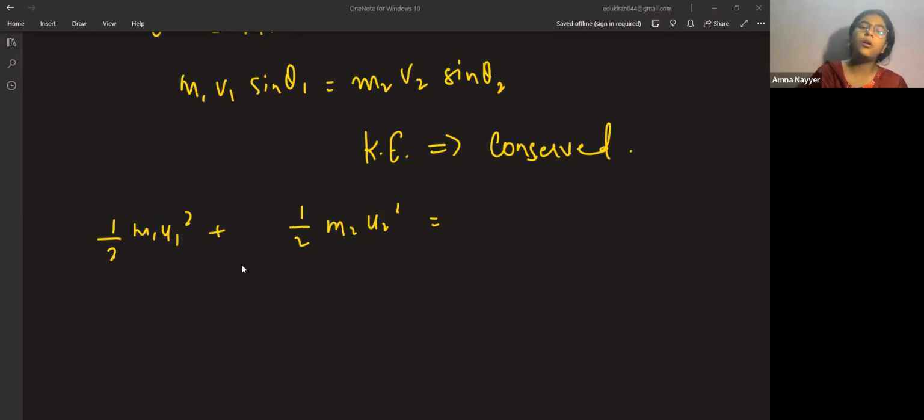If you people will not answer, then I'll assume that you have not understood. Anyways, half m1 u1 square plus half m2 u2 square. See, these are the initial kinetic energies. Now see class, when I'm talking about the final kinetic energy, Mariam has mentioned that kinetic energy is a scalar quantity.